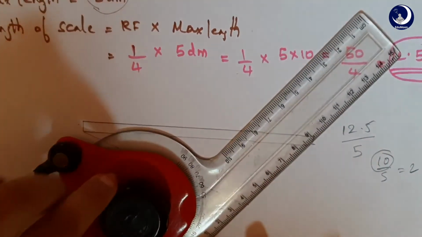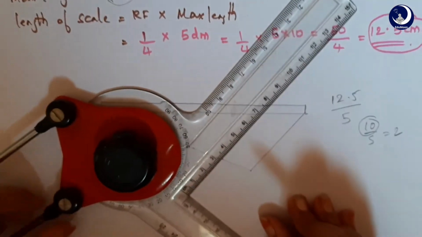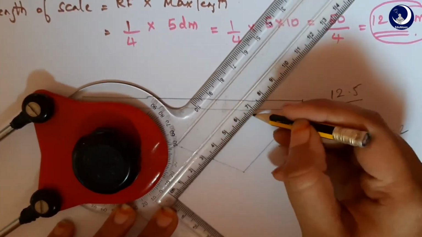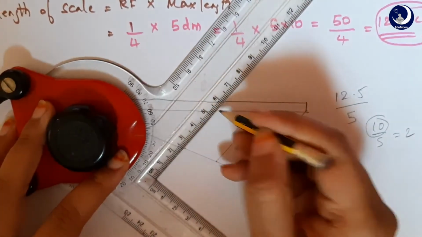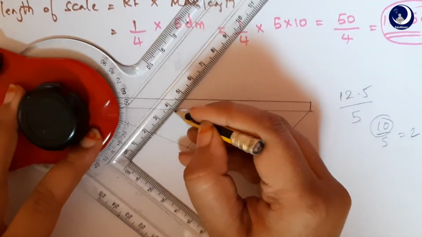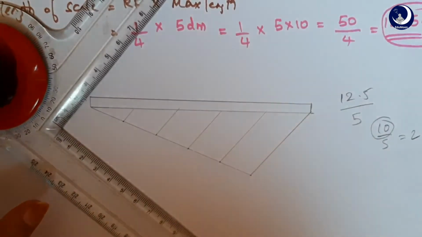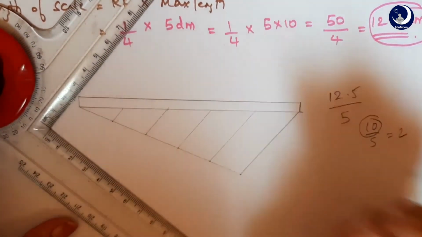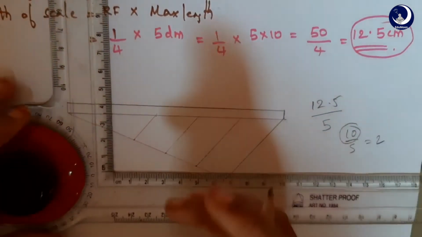And then fix your drafter. So we are going to draw lines parallel to this line. So we have divided the given 12.5 into 5 equal parts. So let us represent that.